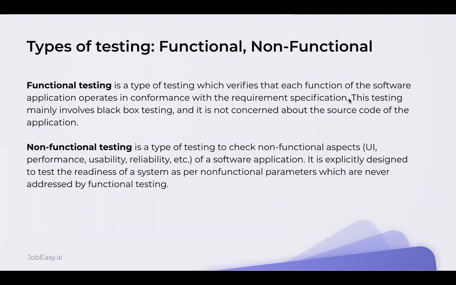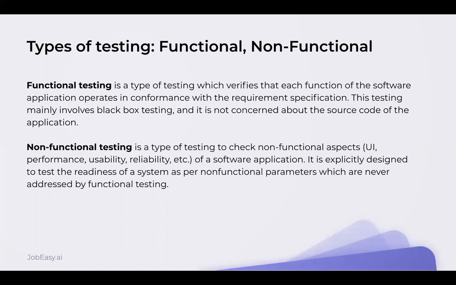And the next classification I have is we split testing in two major groups, functional and non-functional. So functional type of testing is a type that verifies that each function of our application behaves as expected according to requirements. All right, so what we're going to be doing here, we will take our application and we will basically just interact with this application in order to make sure it's doing what it's supposed to be doing.